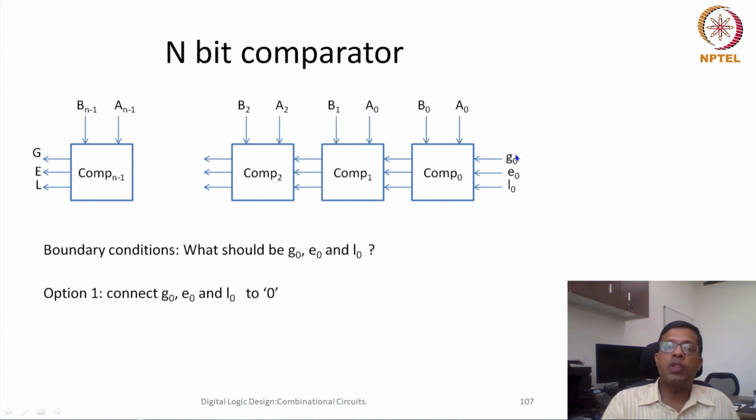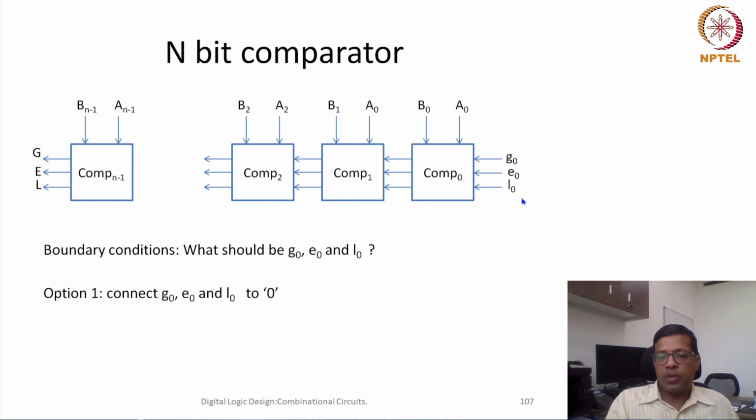So essentially all of them are 0. Initially we said that one of G, E or L has to be 1, but now we are saying all of them are 0. Because it's an initial, reset condition, when we have not started comparing, it cannot be greater, it cannot be equal, it cannot be less.